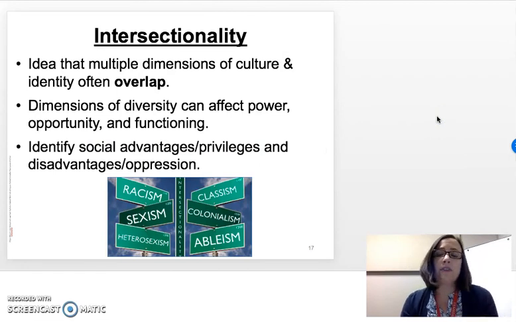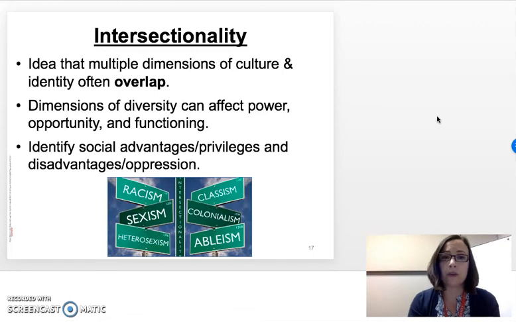So what we often find, unfortunately, historically, is that there are certain elements of a person's identity that have been more associated with different forms of discrimination, disadvantages, oppression, right? We know that people of color are more likely to be discriminated against or to experience racism.